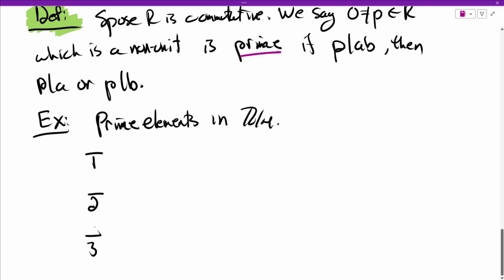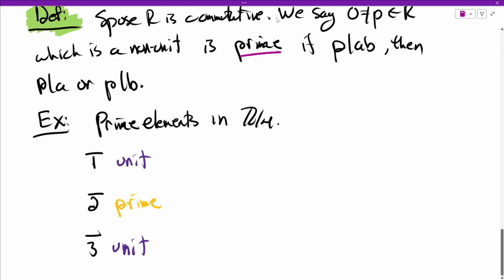Cool. And now let's notice here that 1 is a unit, and 3 is a unit. They're both their own multiplicative inverses. So of the 3 elements there, only one of them has a chance of being prime. And it turns out that this guy is prime. Where's my gold color? Here we go. This one's prime.